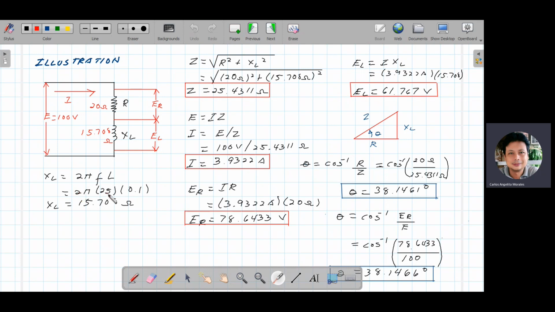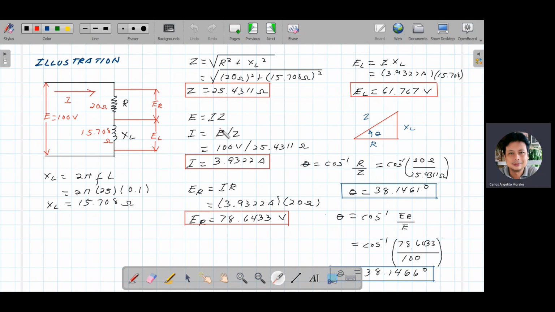So 2 pi times 25, yung frequency niya is 25, times the inductance which is 0.1 Henry. Nakakuha tayo ng 15.708 ohms. Yung formula ng impedance naman ay square root of R squared plus XL squared. So square root of 20 ohms squared plus 15.708 ohms squared, makakakuha ka ng 25.4311 ohms.